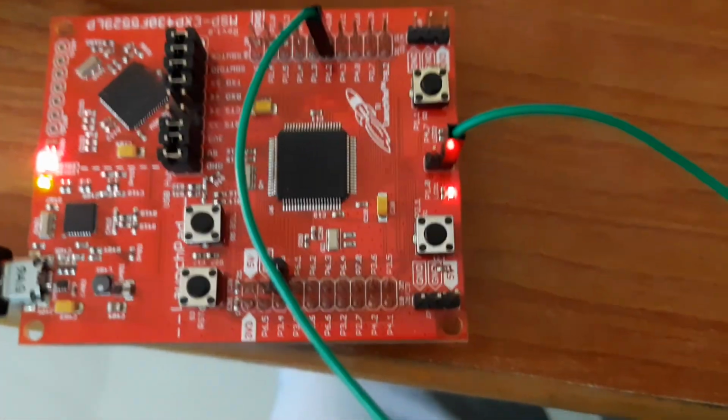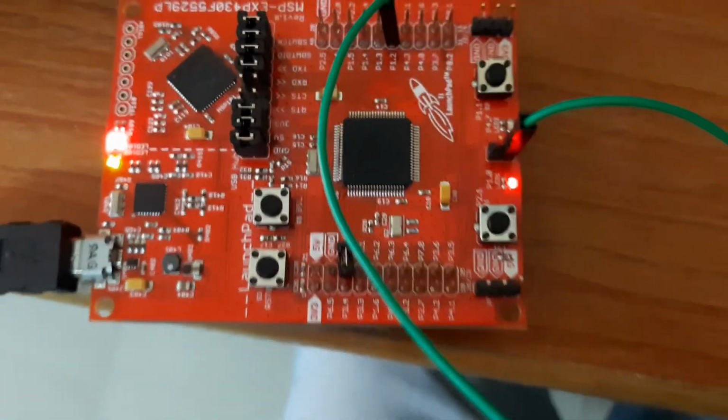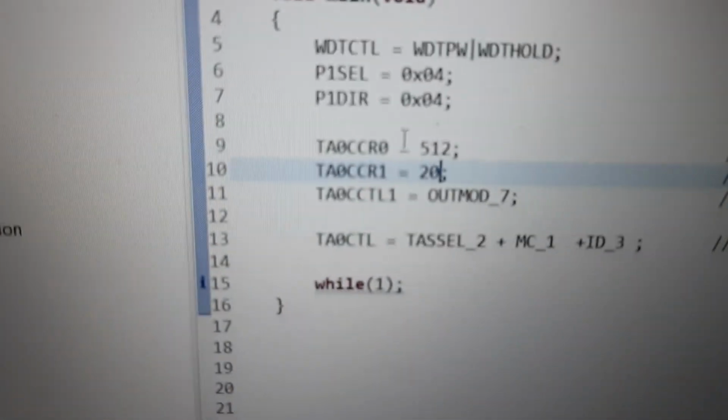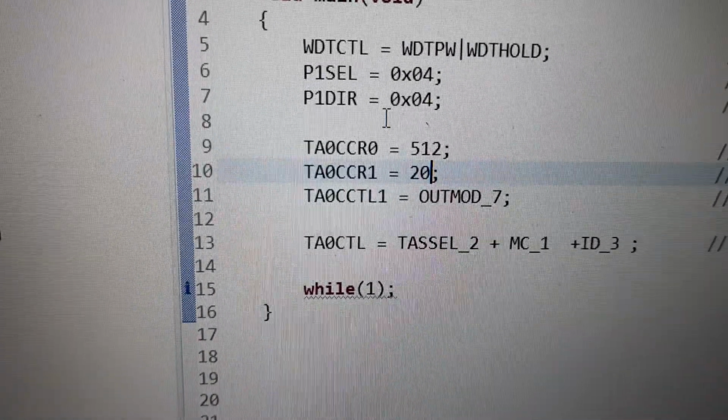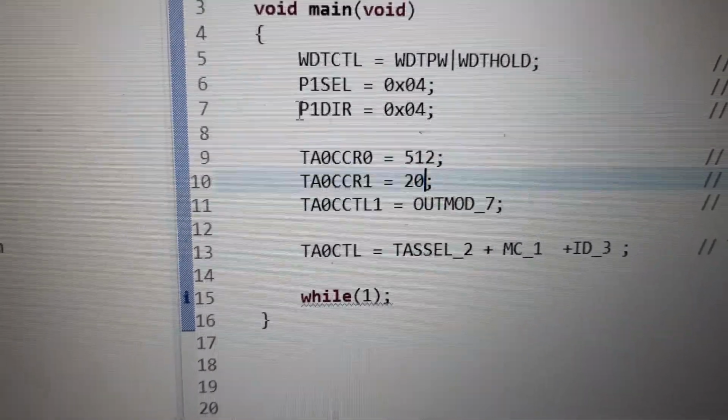This is the program. I have loaded TA0CCR0 with 512, this is the period, and TA0CCR1 with 20, that is the on time.